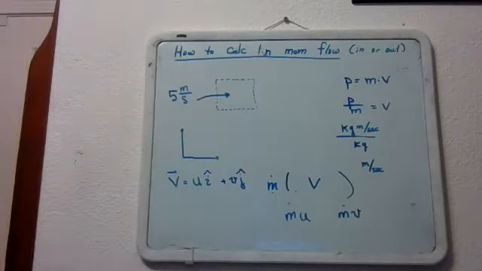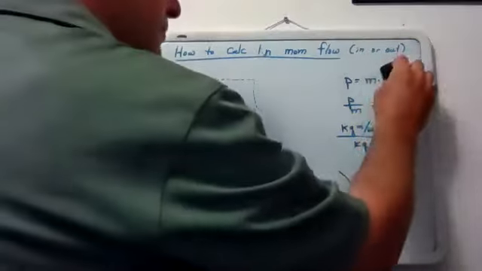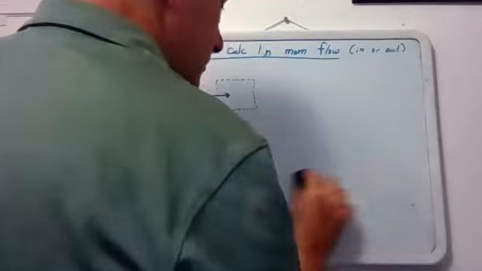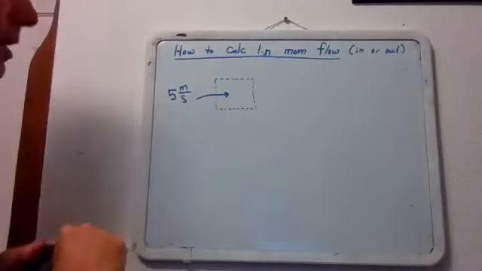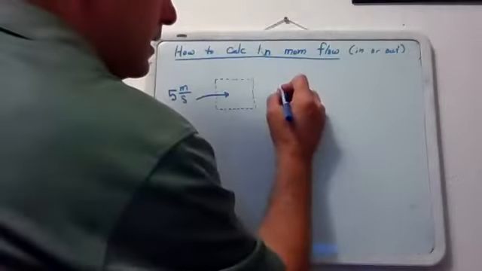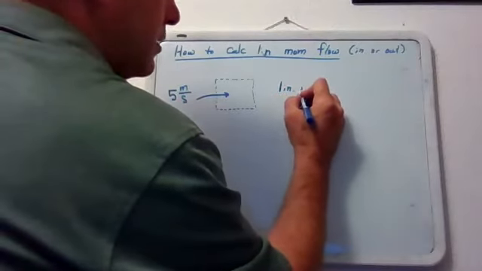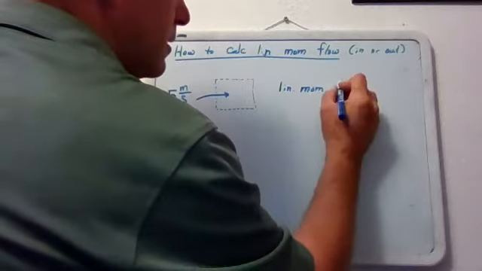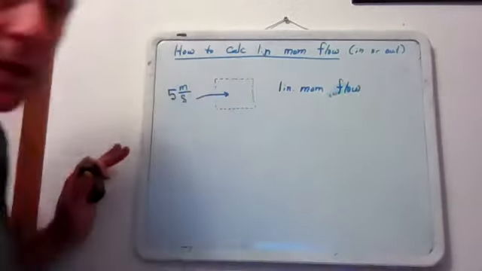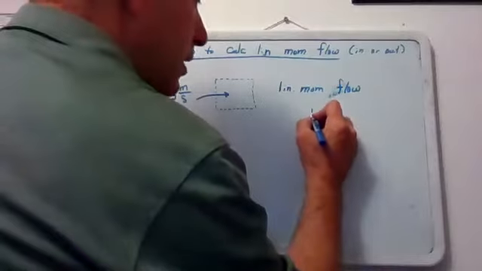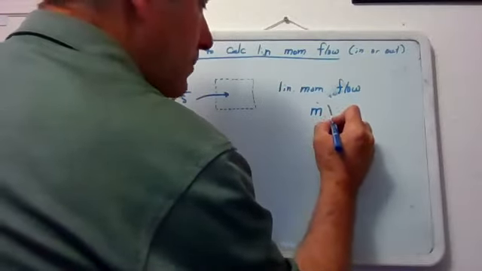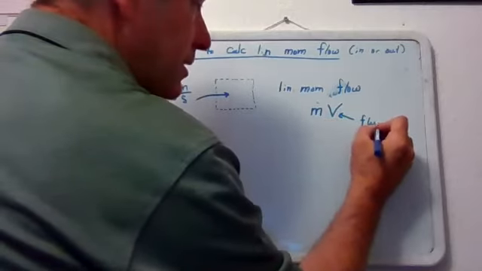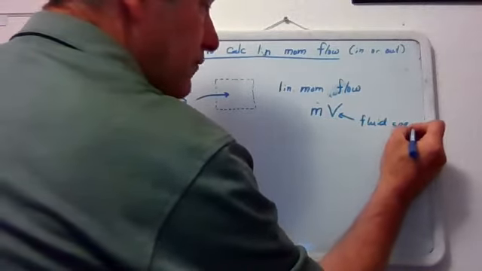All right, kind of a mess on the board. Let me try to summarize what you need to know. To calculate linear momentum flow in or out of a control volume, you're going to do, in general, m dot times v, where this is fluid average speed. I'm just going to write fluid speed for now.